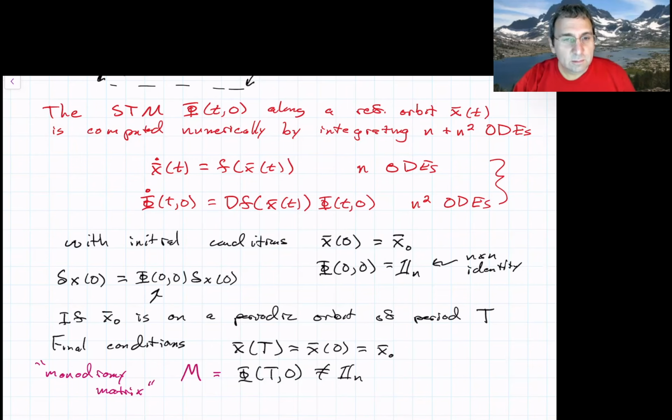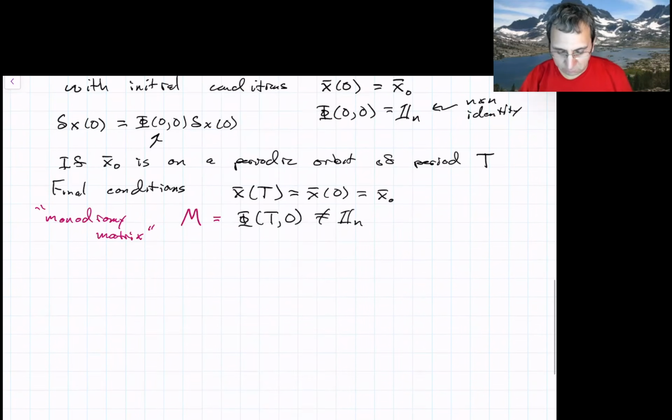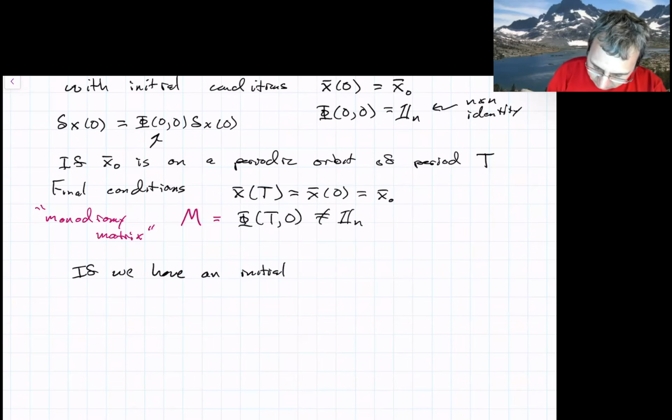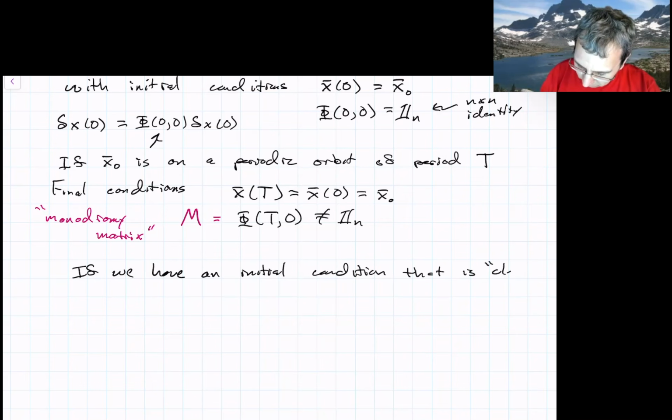Yeah, if we're close to a periodic orbit, so if we have an initial condition, maybe it's an initial guess that's not exactly on a periodic orbit. So close to being on a periodic orbit.